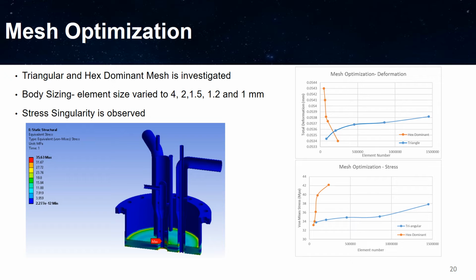I figured out that we have a stress concentration zone, and the lower you go on element size, the stress starts to increase because it's a stress concentration point, and it gives you a stress singularity problem, where your stress keeps on increasing with your decrease in element size.